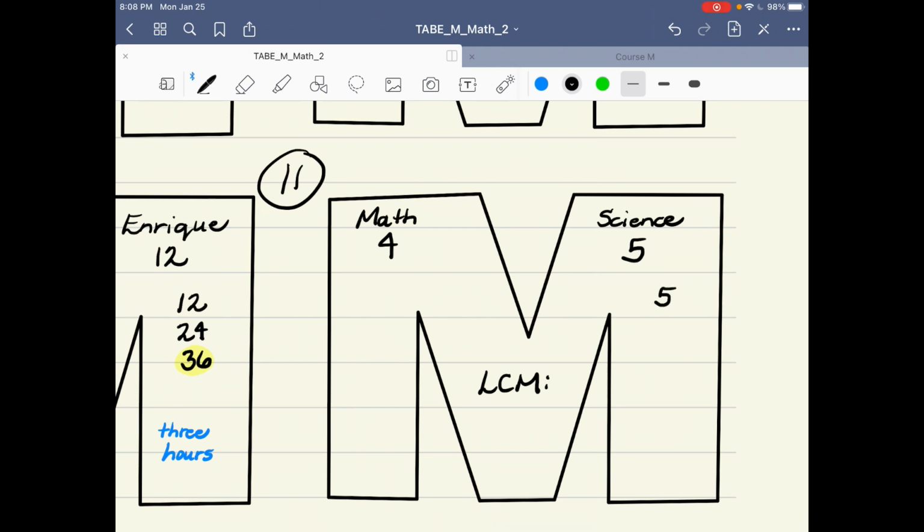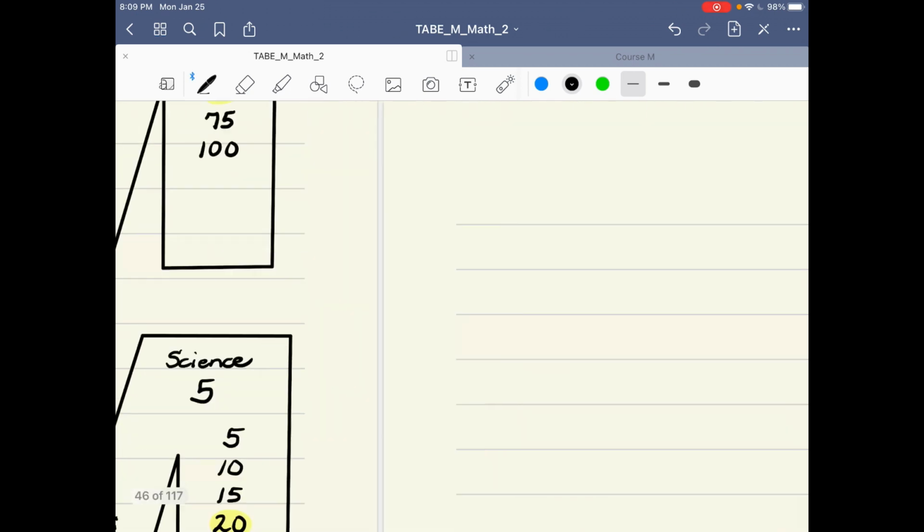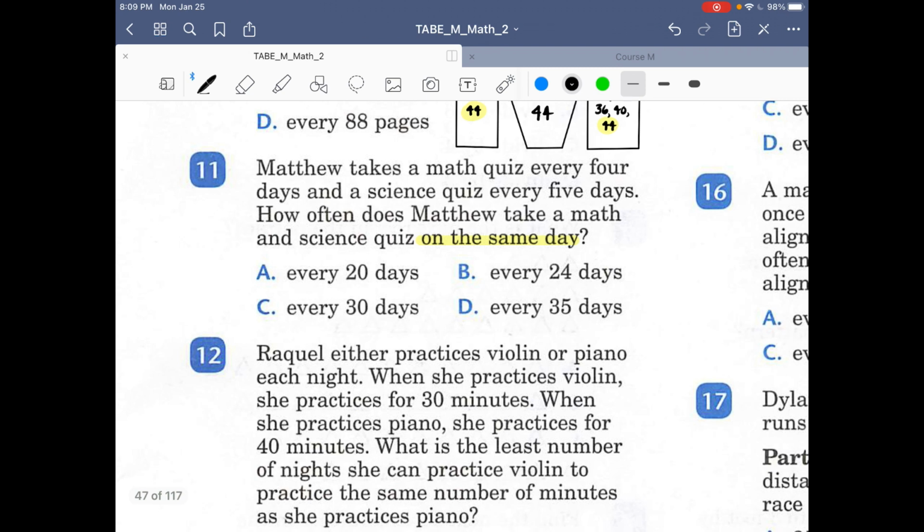So I have 5, 10, 15, 20, and then I have 4, 8, 12, 16, 20. So we're going to have 20 and 20 as our common multiples. So every 20 days, he's going to have both tests on the same day. Number 11 should be A. Every 20 days.